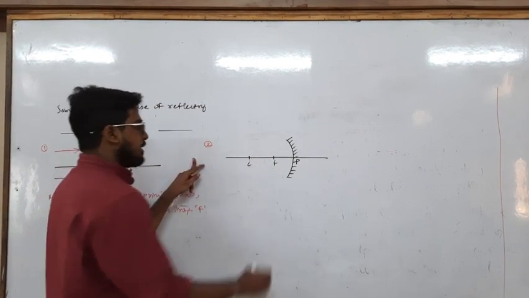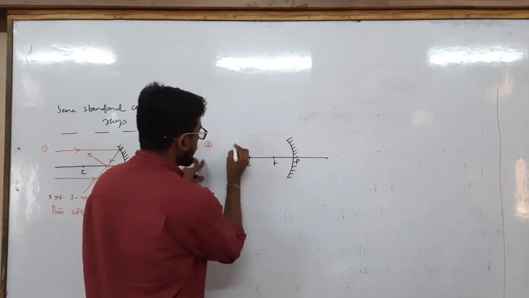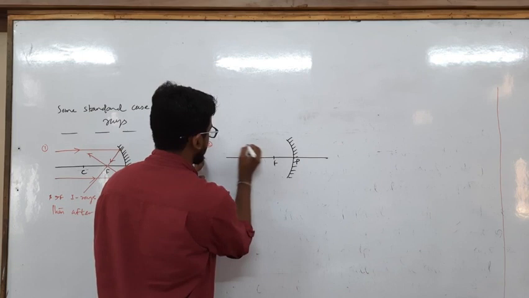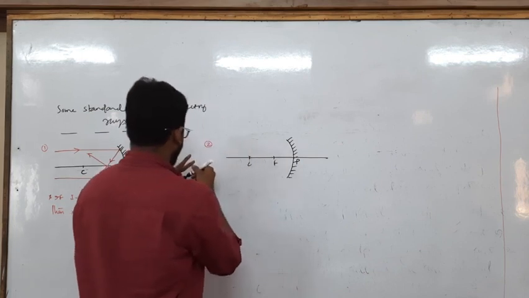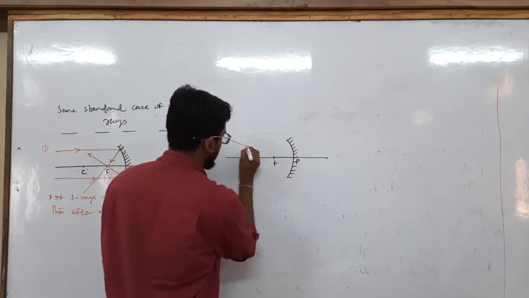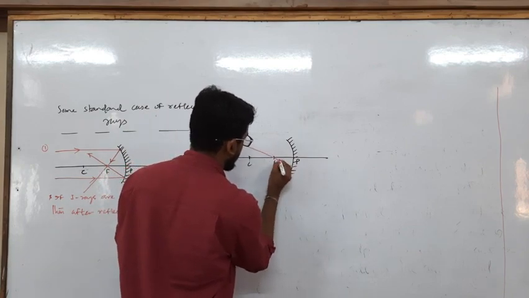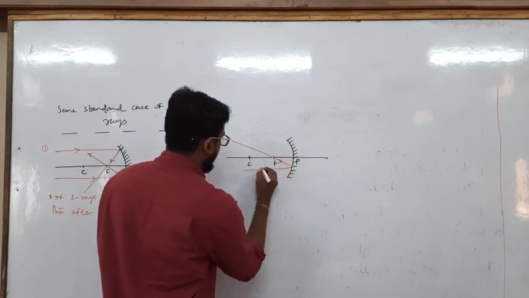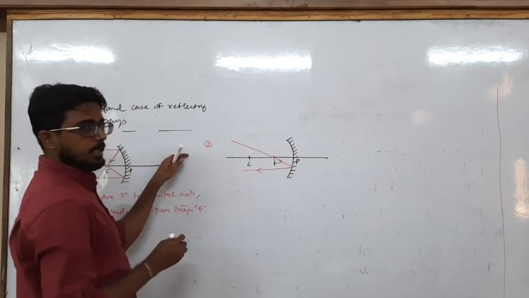If the incident ray passes through the focus, like this, then after reflection it goes parallel to the principal axis.